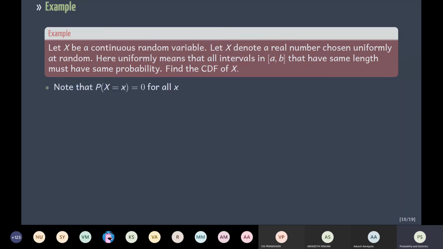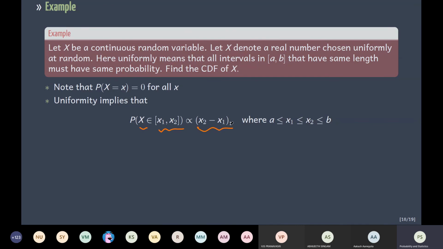So find the CDF of x. Note that the probability that x is equal to x0 doesn't make sense in the continuous case, because pointwise it is meaningless. Uniformly implies that the probability of x lying in some interval x1 and x2 will be proportional to the length.